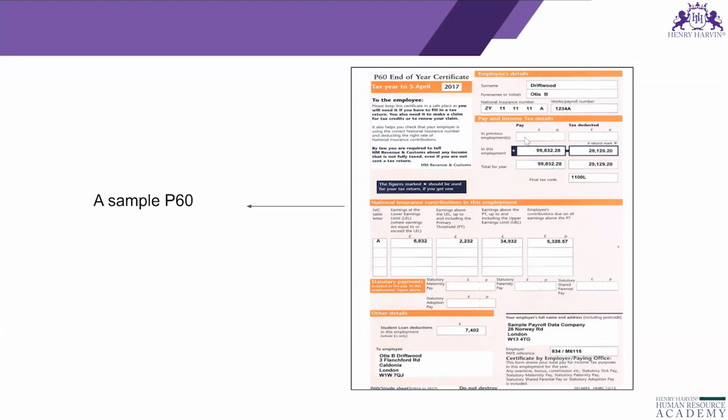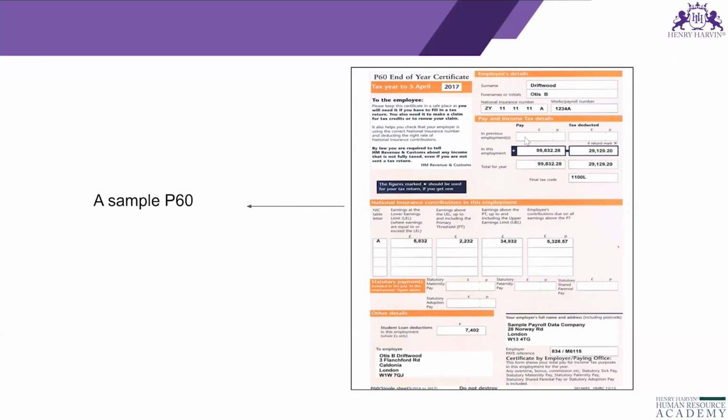Understood? It is like a YTD figure. Maybe I forgot to tell you this scenario during the tax calculation: we will consider the previous employment details also. If there is any previous employment from April to October, or whatever is the last day of the employee, that amount will be added in the YTD figure when we do the current calculation.